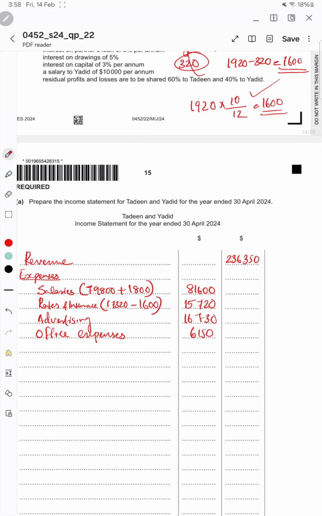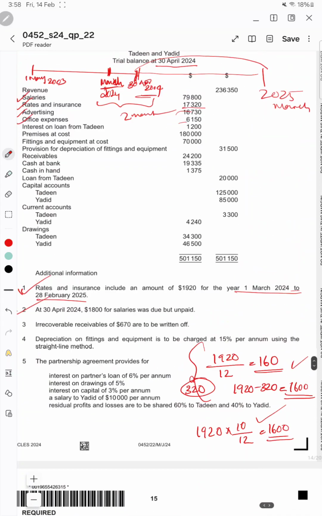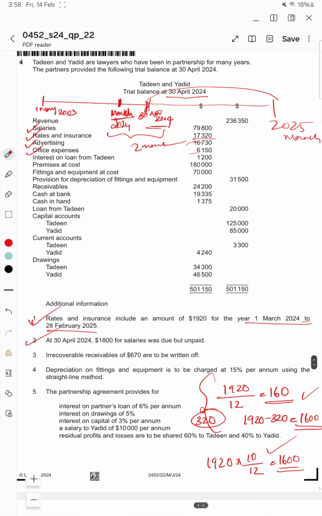Okay, next we have interest on loan from trader, that is 1200, that we will take at the last. Premises is an SOP item, it's an asset. Fixtures and fittings is an SOP item. Provision will also not be taken. Receivables in the debit side means it might be a current asset, isn't it?